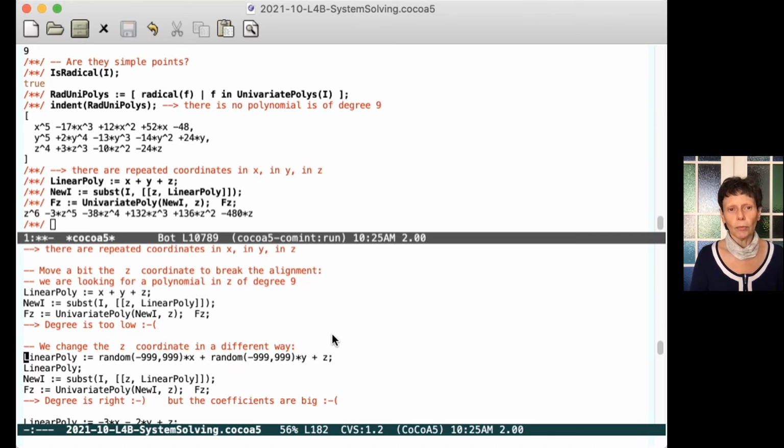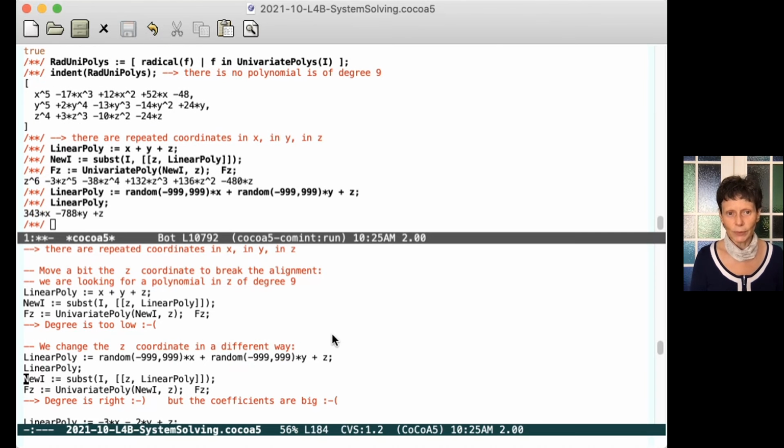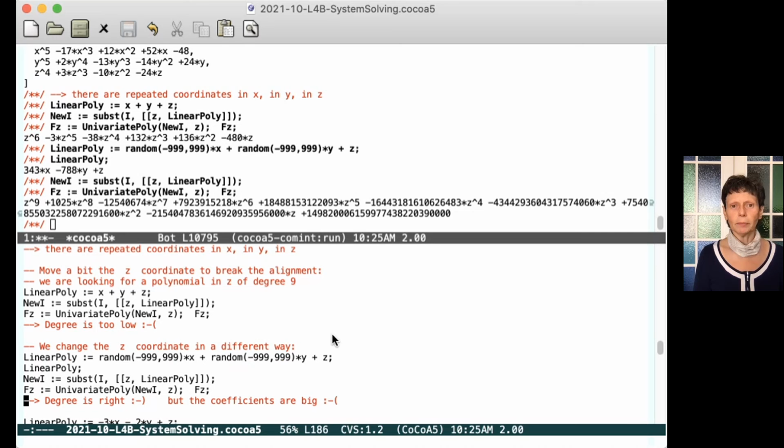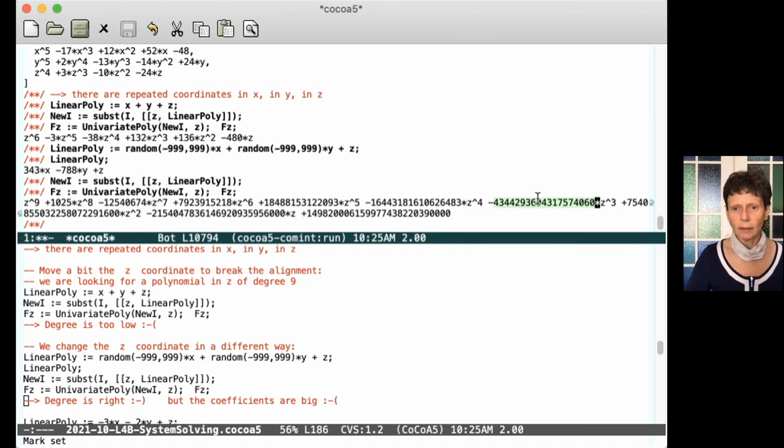I take a more random polynomial. This is pretty random. I substitute z with this new polynomial. I compute the univariate polynomial. Okay, it is of degree 9. So with this polynomial, I get the 9 coordinates. But the coefficients are big.